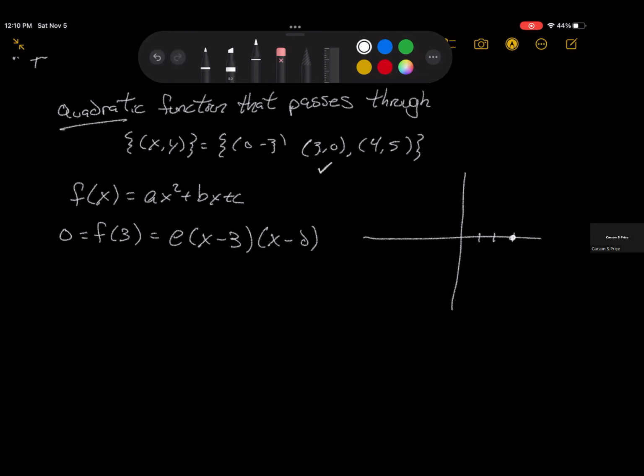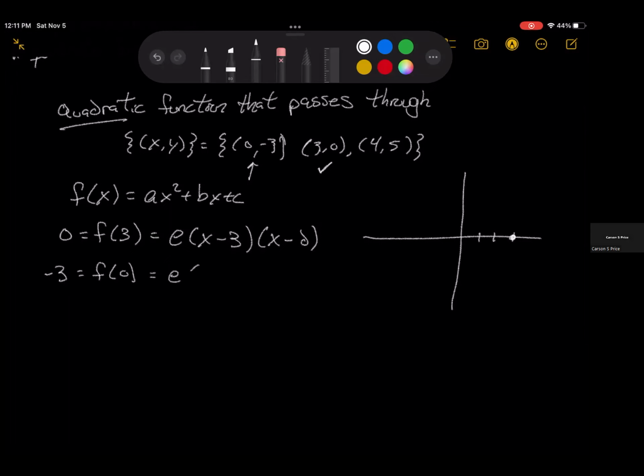All right, let's try to find these two missing constants. I don't know what e is, and I don't know what d is. So let's go to one of our points. Let's use the fact that 0 gets mapped to minus 3. So minus 3 is the output of this function at 0.